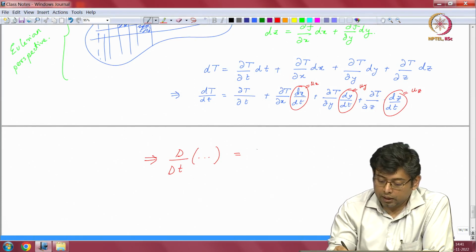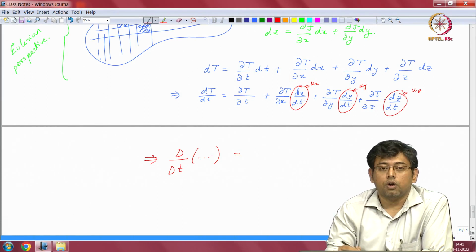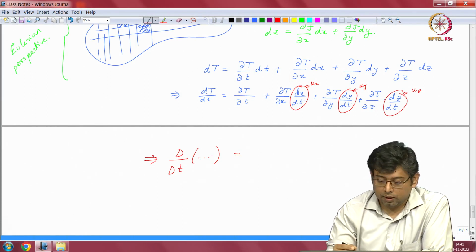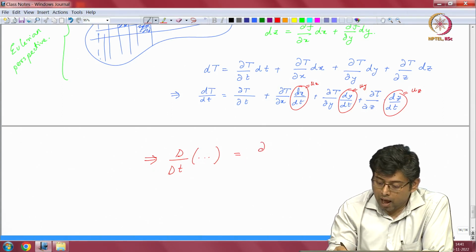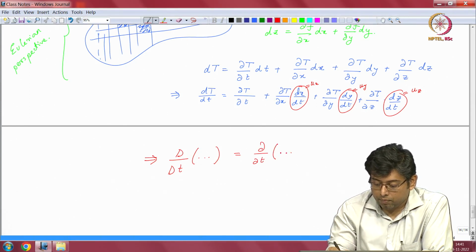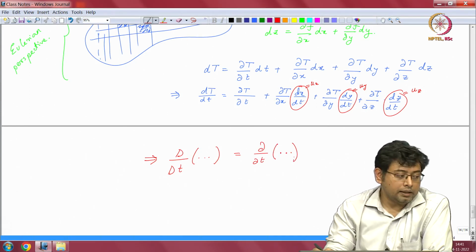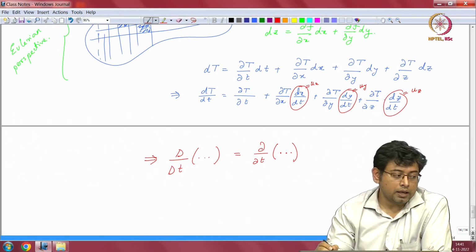Here I am writing dot dot dot for anything else that you might have. In the above equation it is temperature, but it might as well be something else like velocity. So you will have a del t, which is a partial derivative of the same quantity, and that reflects the local or the unsteady effect.